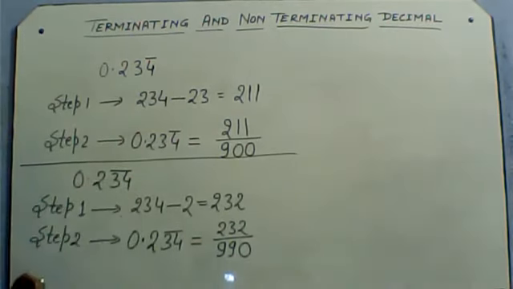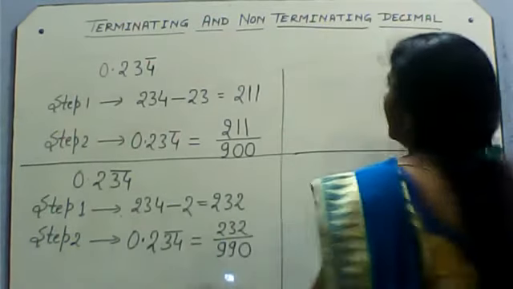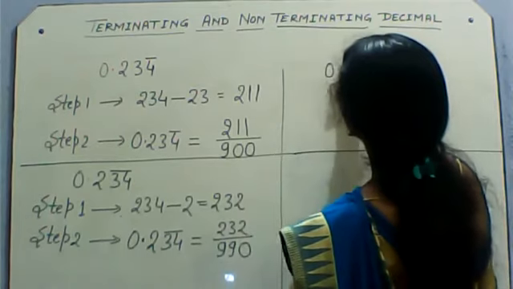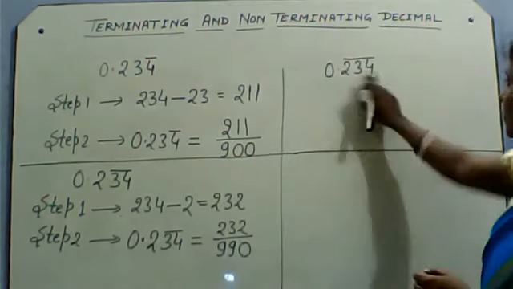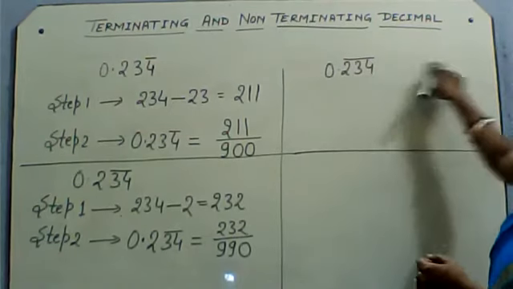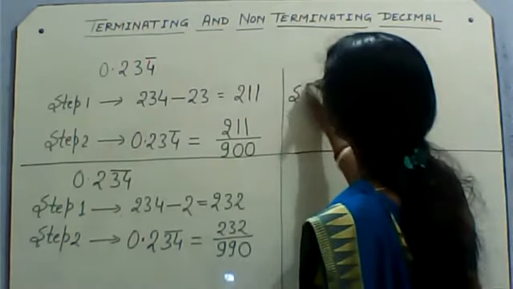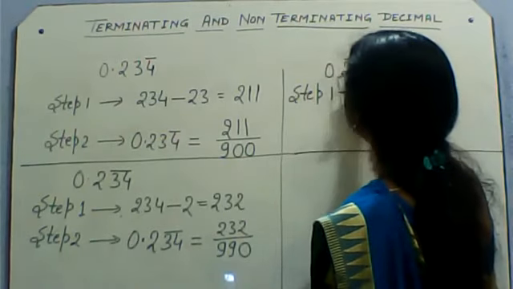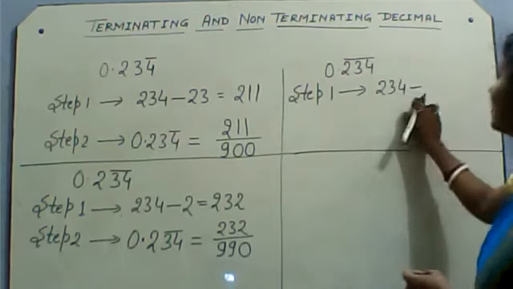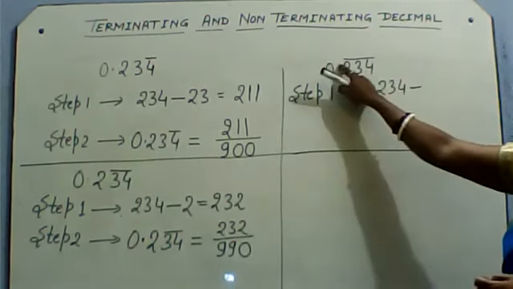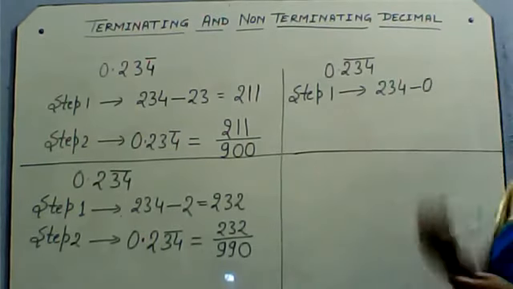0.234. Suppose you have 0.234, all are repeated. Understood? 234, all. 234, 234, 234. Okay. So what you have to do? What is step 1? Step 1, that is 234 minus what you have to subtract. Nothing is repeated, 234, nothing is non-repeated. So you have to subtract 0.